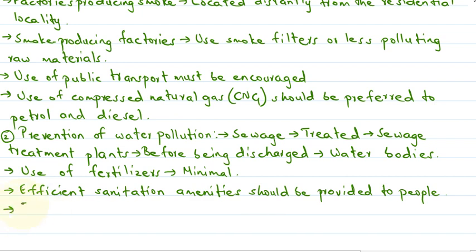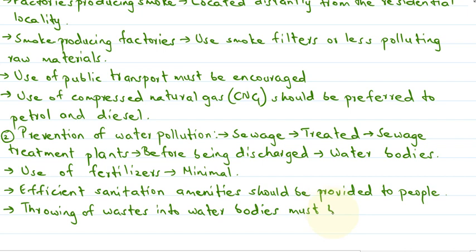Then the throwing of wastes into water bodies must be discouraged. So these are the several steps we can follow in order to prevent water pollution.